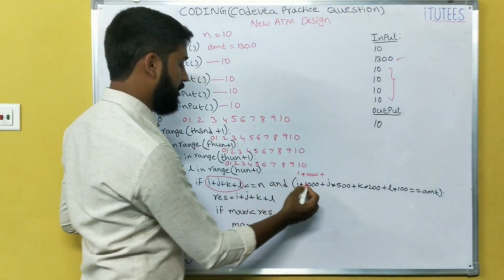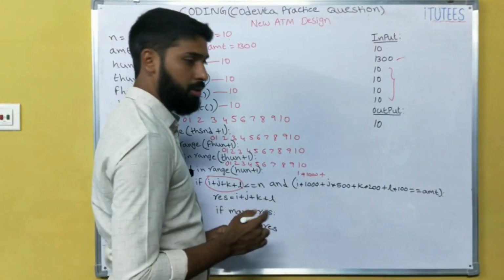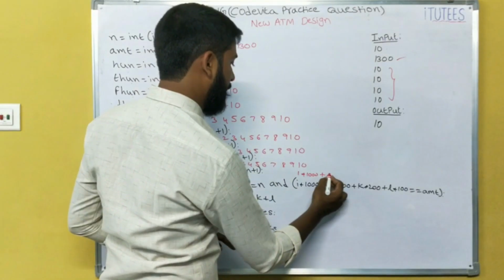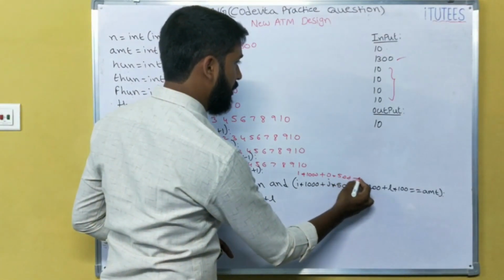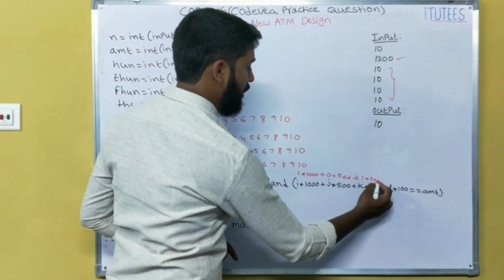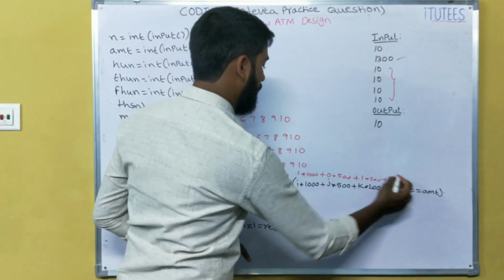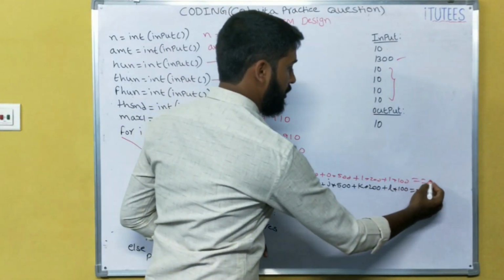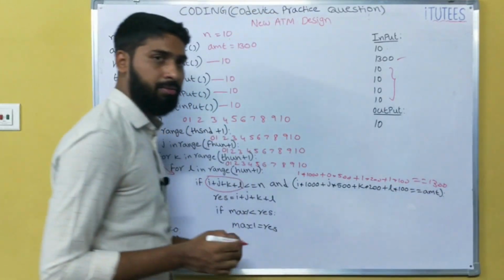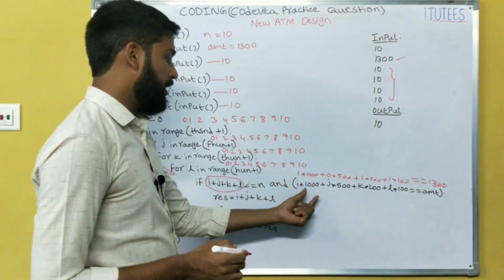For example, in this case, if you take a 1000 note plus a 500 note plus a 200 note plus a 100 note, that is equal to 1800, and in another case the total is equal to 1300. What is the number of notes?